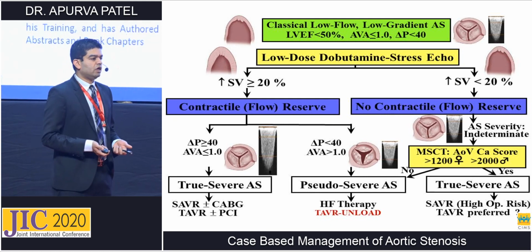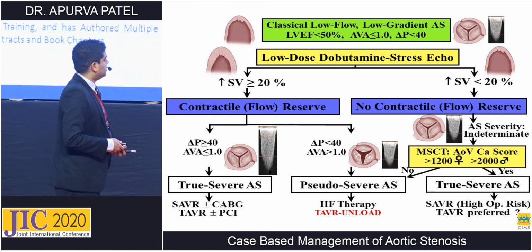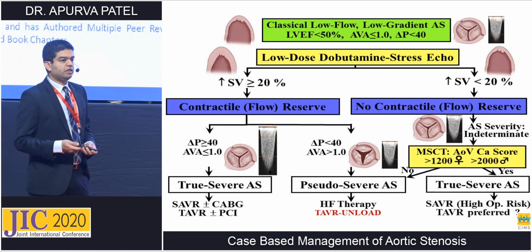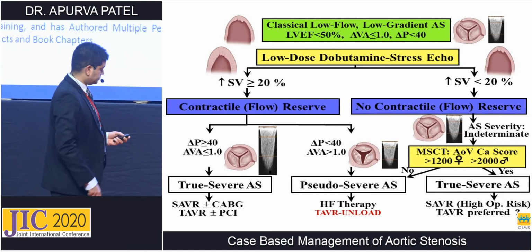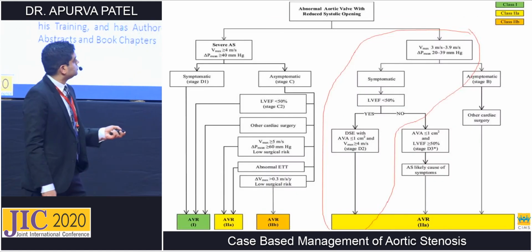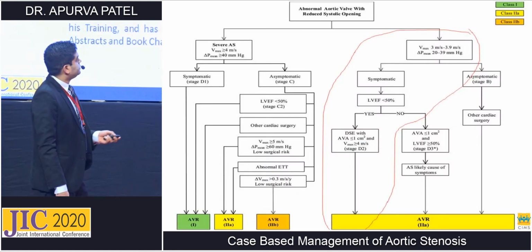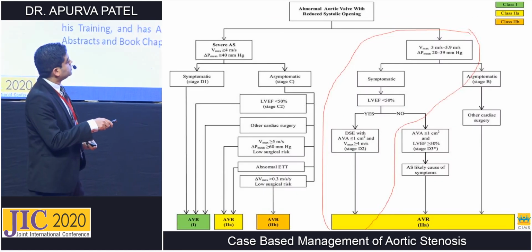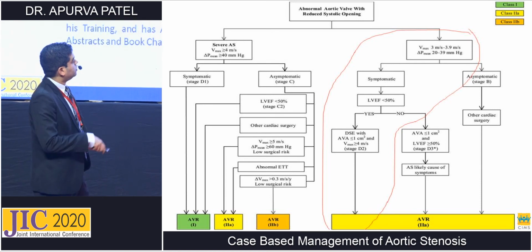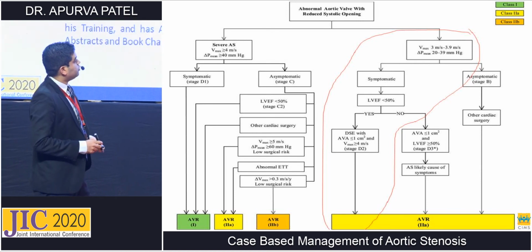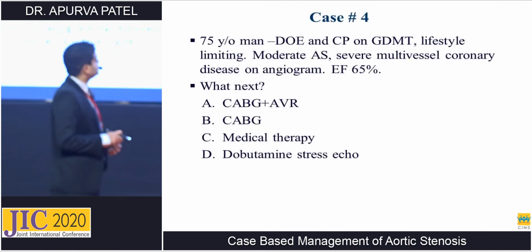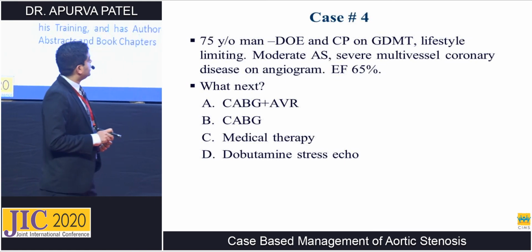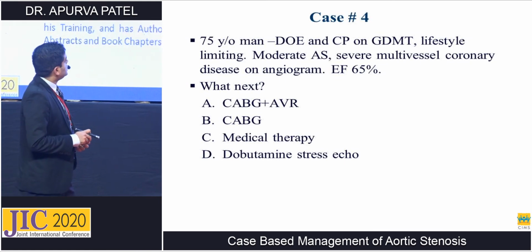The reason your valve area was small was because the ventricle was not pumping that much blood forward to open the valve. So that is this group of population, when you have low EF with symptomatic moderate AS on clinical exam. Okay, let's do one more case before the timer goes off.